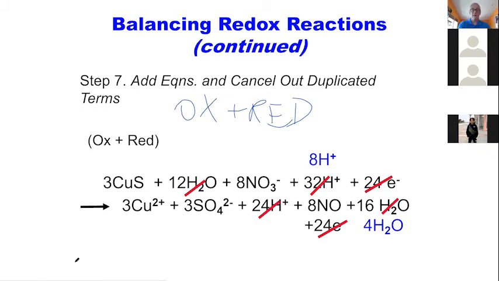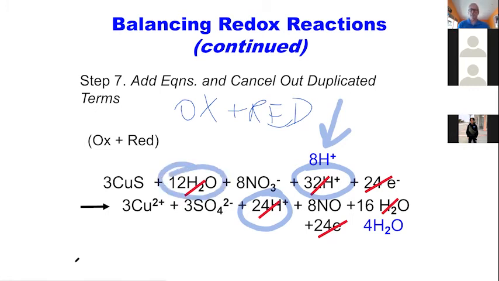We had 24 as products and 32 as reactants, so we have a net of 8 as reactants. We had 12 waters as reactants and 16 waters as products, so we cancel those out and have a net of 4 waters as products.